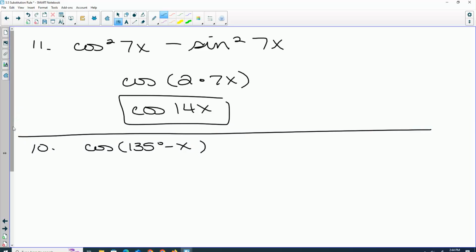So number 11. We have to use the cosine of a minus b formula. So we know that formula is cosine of the first, sine of the second, plus sine of the first, cosine of the second.